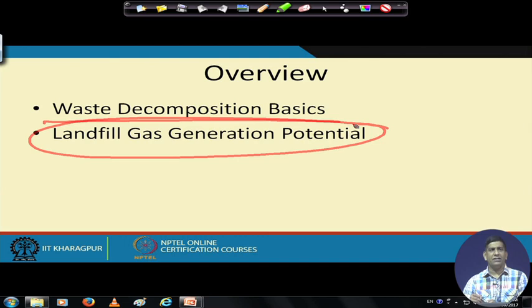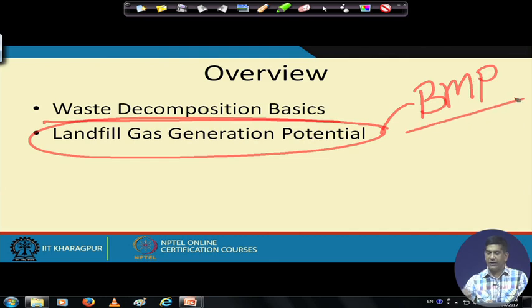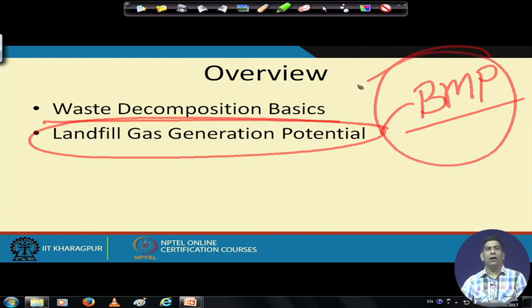In terms of gas generation potential, if you remember, we also talked about the BMP test earlier, in the waste characterization chapter, which is the biochemical methane potential. That is also one way of predicting. We can take the waste and use the data from these kinds of tests as an input to the model, as you will see. So that is one way of finding out.